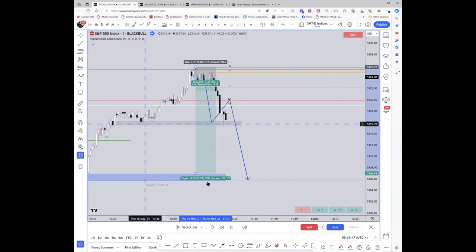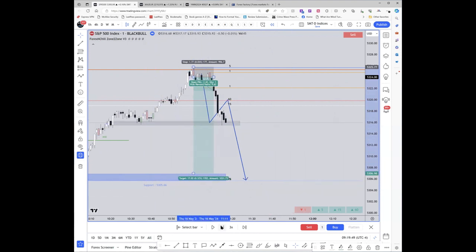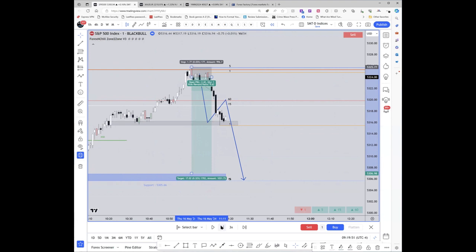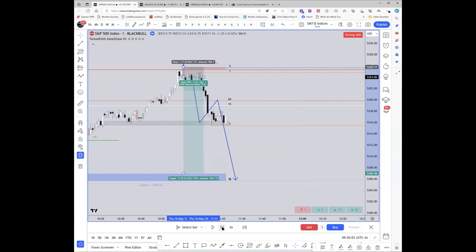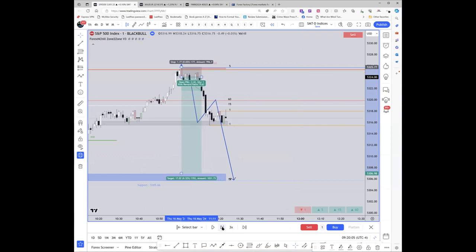So now we get here and we see the 1 minute has gone bearish. Okay. We had the bullish engulfing close.